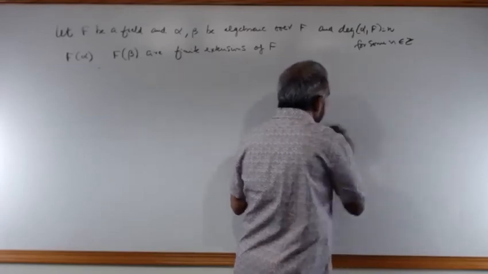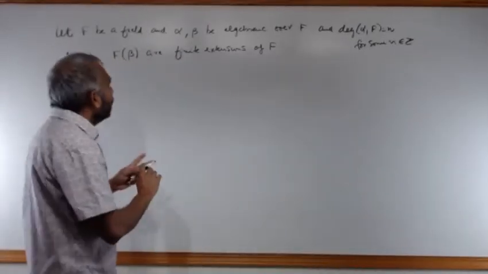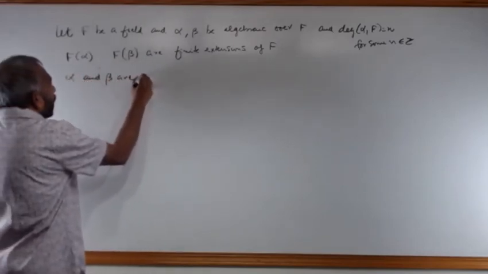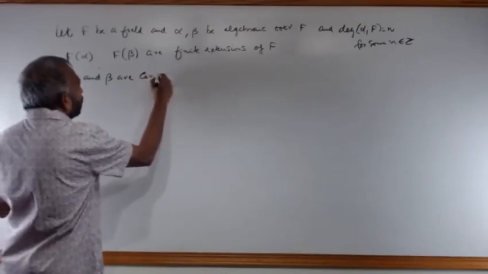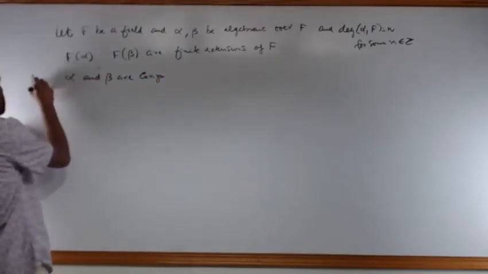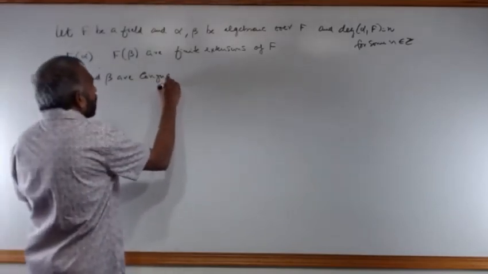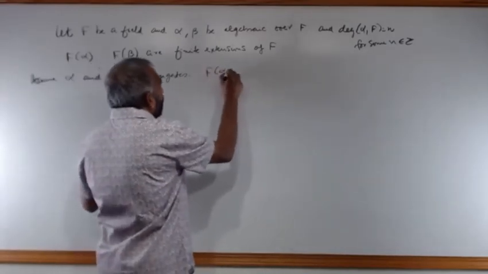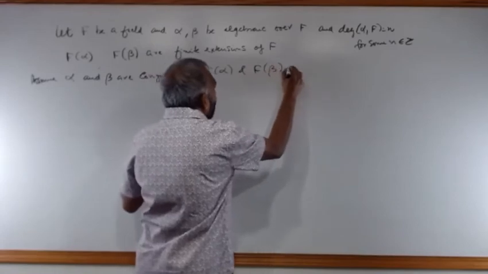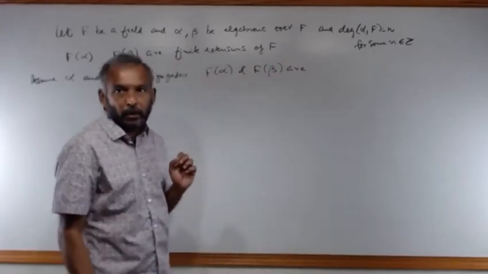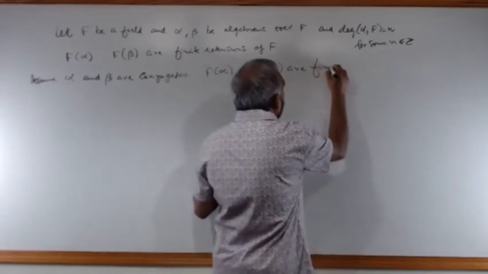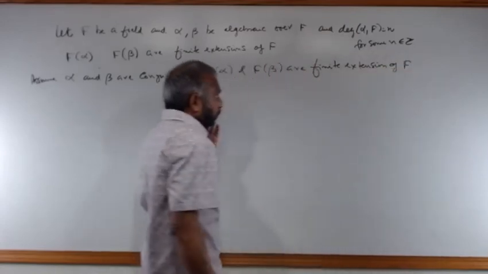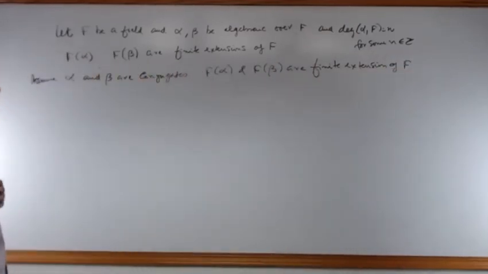So assume alpha and beta are conjugates. So F(alpha) and F(beta) are finite extensions of F. Right?